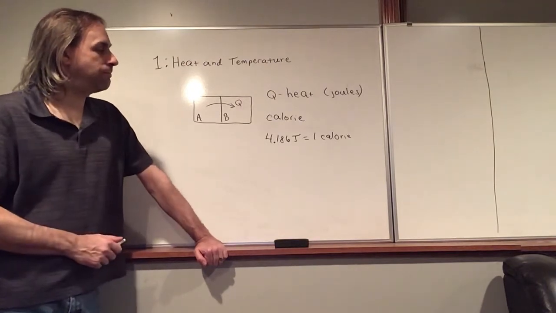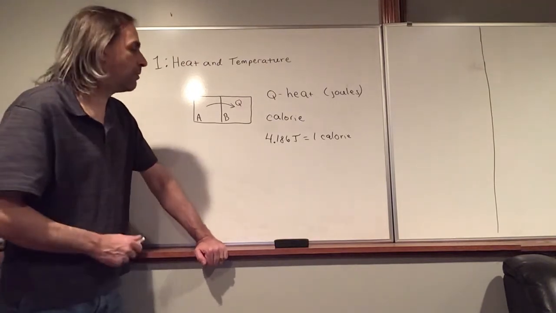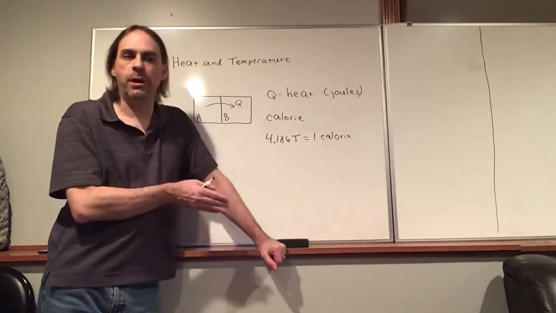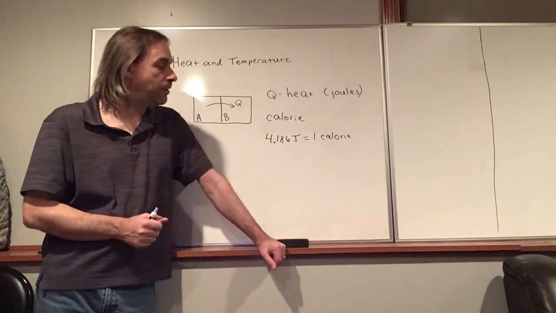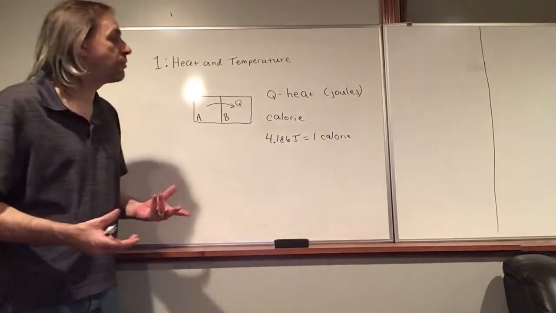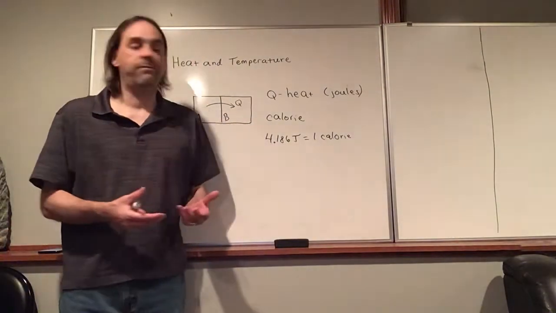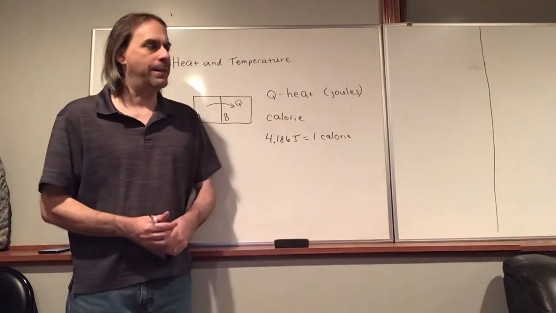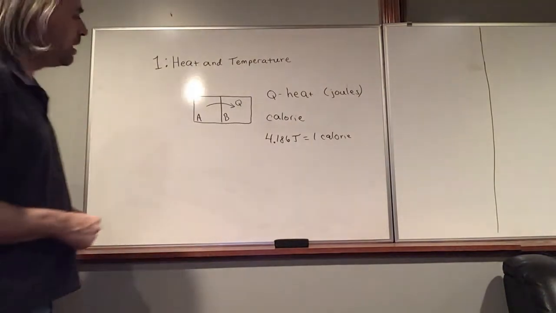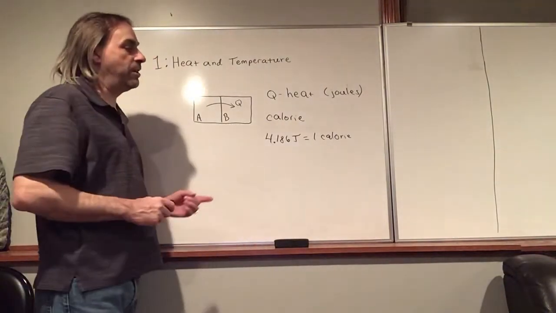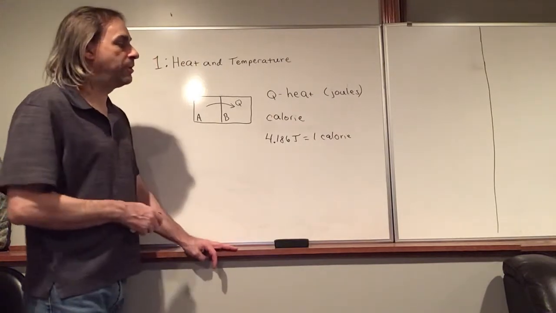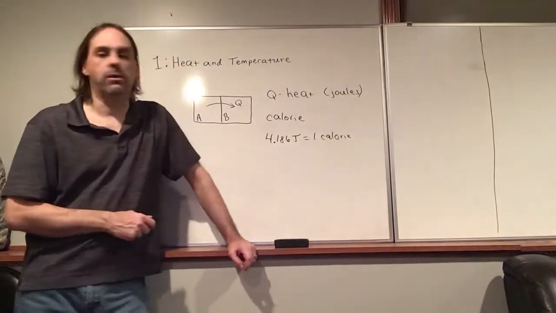If you want to remember a joule, think of a mechanical example. That'd be like applying a force of 1 Newton through a distance of 1 meter. It's not that big of a unit. So this idea that a calorie is only around 4 joules might seem a little strange. Like if you eat food that has 500 calories, you're not going to get too much out of that. However, what you see on a food label, called calories, is actually kilocalories.